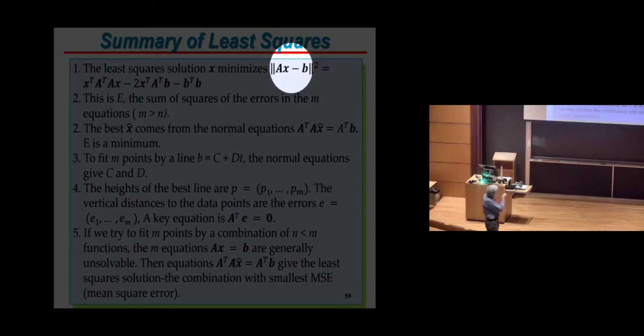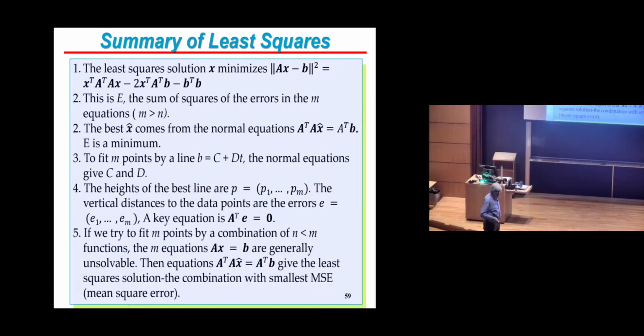You can think of taking the first row of A times x minus b1 and the second row times x minus b2, etc. Take the squares of this, and you say, I'm going to find the optimal x that minimizes that square error. Have you done that in your classes before? That's what we call least squares.